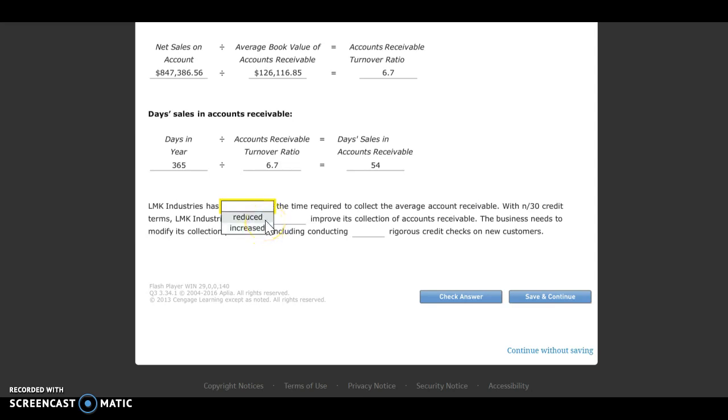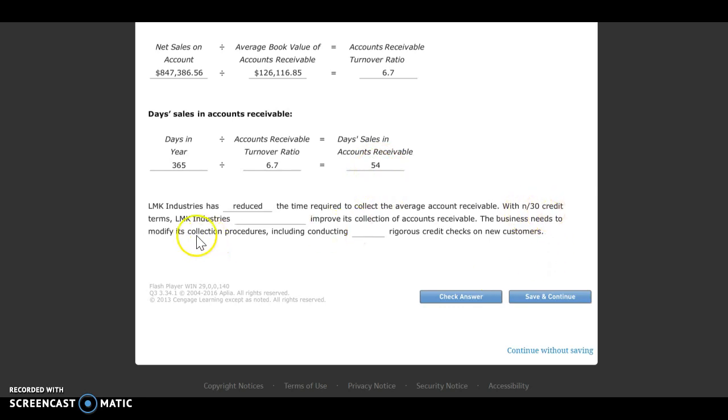So we have reduced the time. If we need to look that over, when we look at our days sales in accounts receivable, if we were to take last year, so 365 divided by that 6.4, that's 57 days. And now we are down to 54 days.